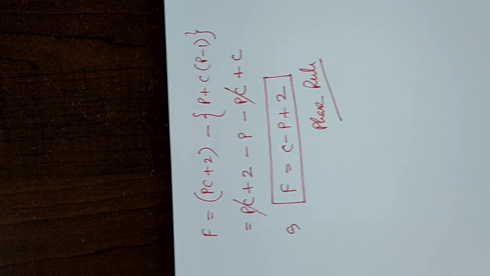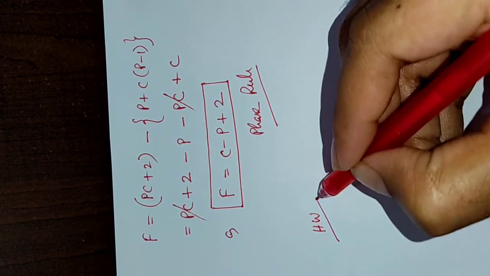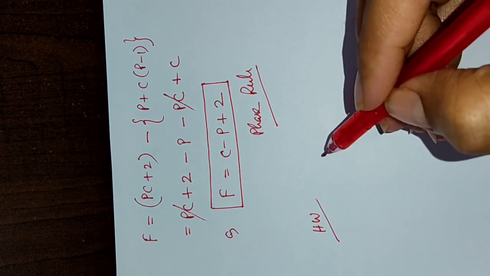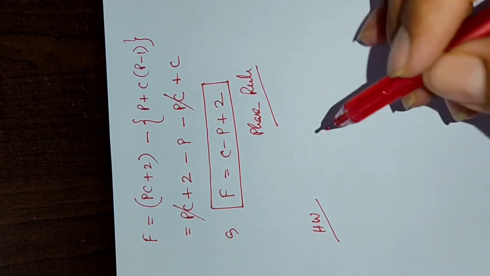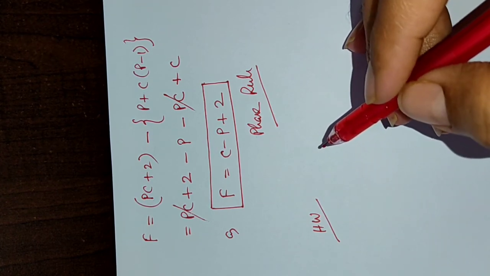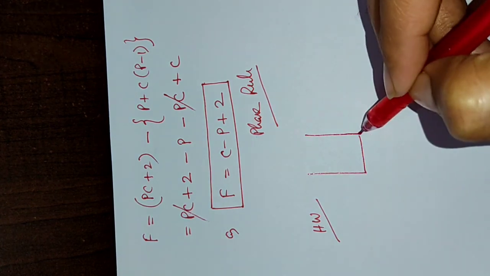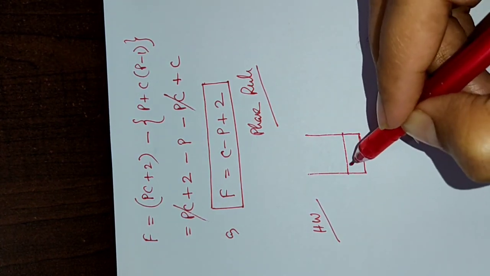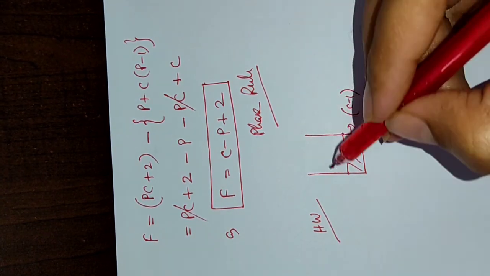I am giving you a homework. Find the phase rule if only one component is missing from only one phase. The rest is the same. Say this phase contains C minus 1 components.